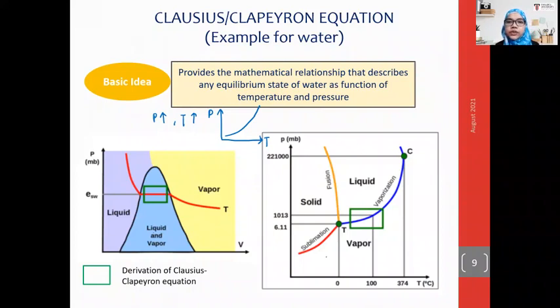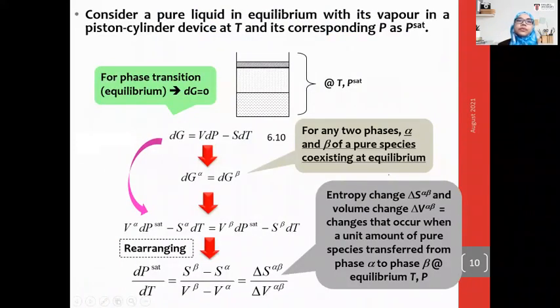So it converts to the P versus temperature diagram. We can see that two phases can be observed here: from liquid to vapor, which is the vaporization process, or from vapor to liquid, known as the condensation process.